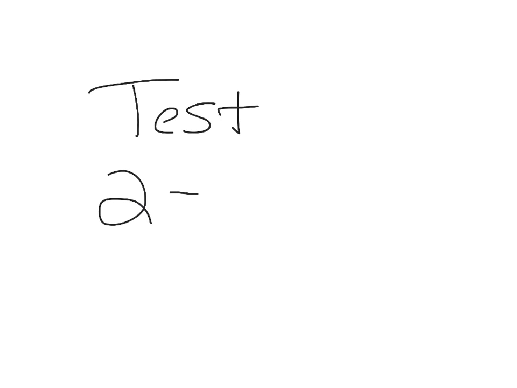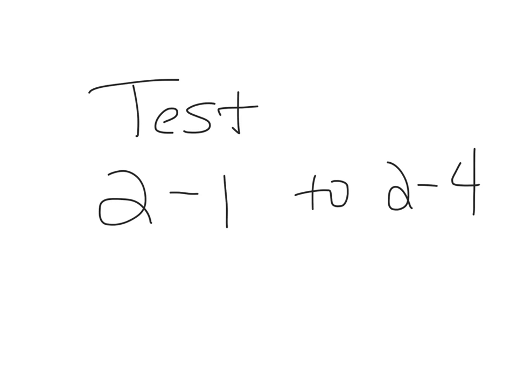Okay, so tomorrow you have a test. The test is going to cover sections 2.1 to 2.4. In 2.1, we learned how to combine like terms by adding and multiplying.